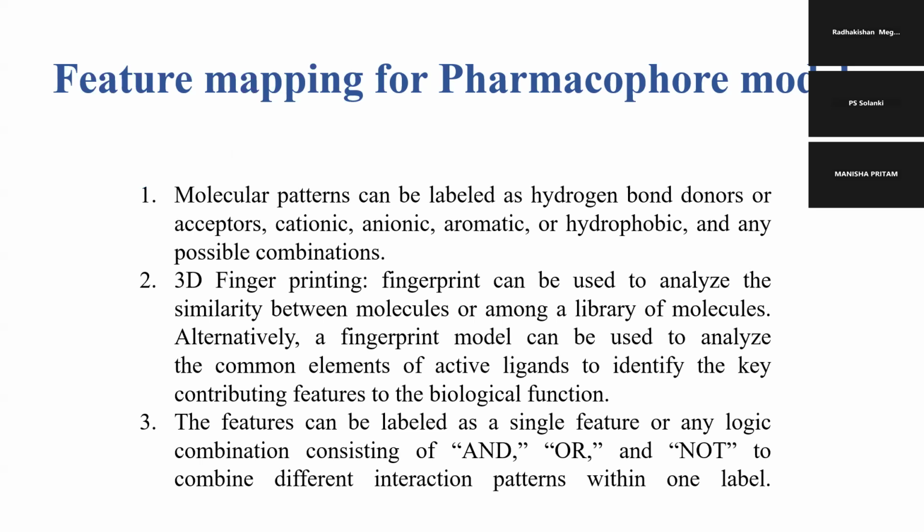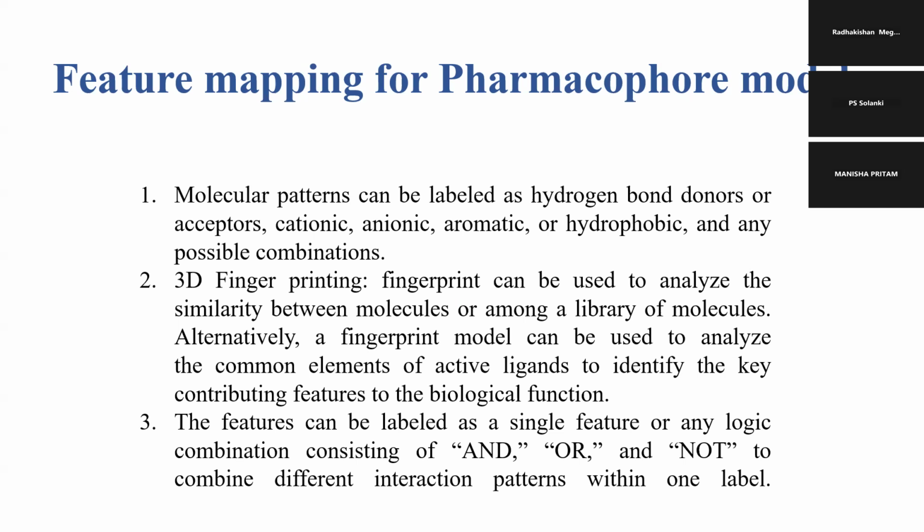Suppose you have identified your disease and you have your receptor or a specific active inhibitor. Now what you have to do is write down some feature mappings, like what kind of features should be in that active compound. For that, we have to identify some molecular patterns. We all know that any drug molecule is normally made up of carbon, hydrogen, oxygen.